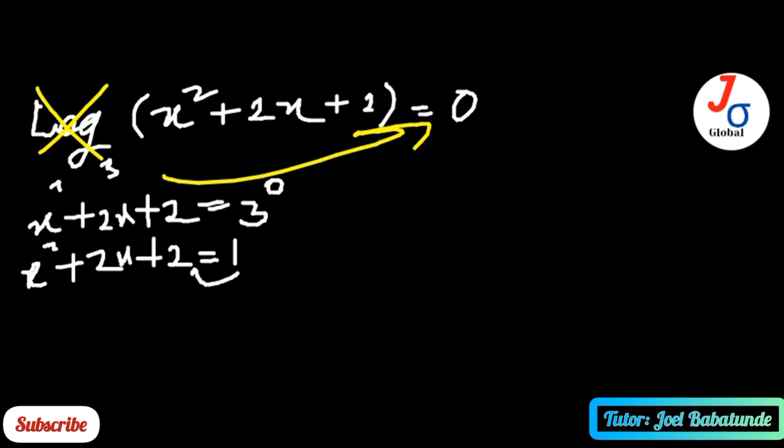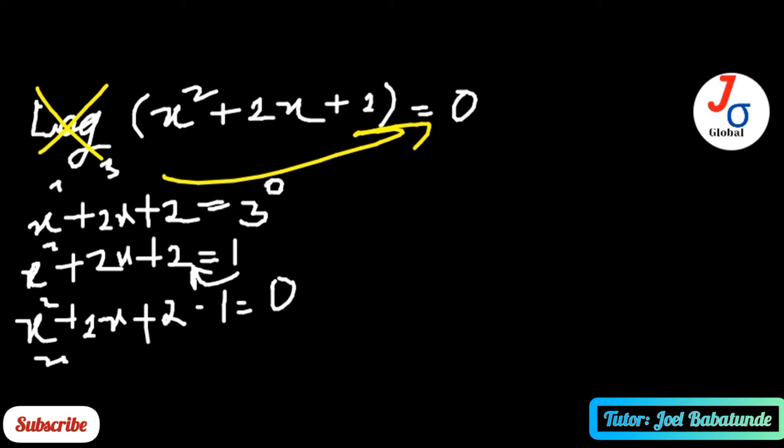And so I'm going to take this back here. I'm going to have x squared plus 2x plus 2 minus 1 equals 0. And so what I have is x squared plus 2x plus 1 equals 0.